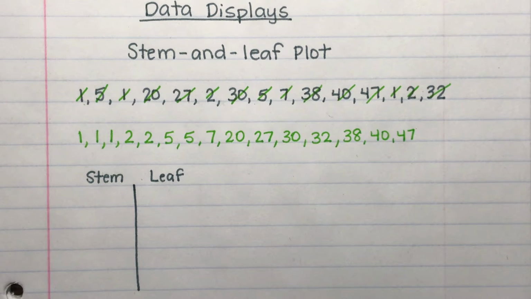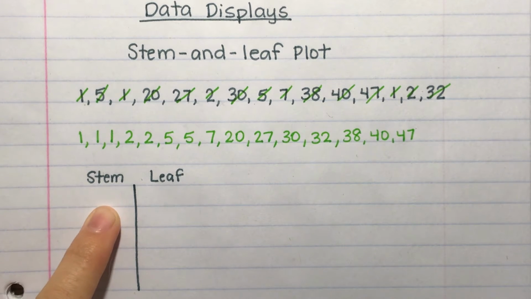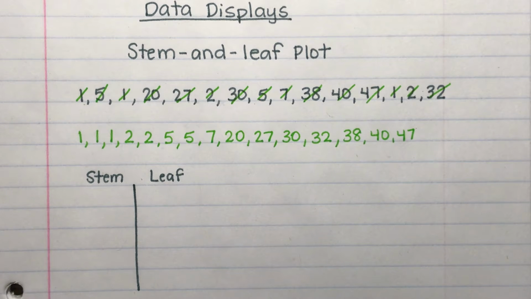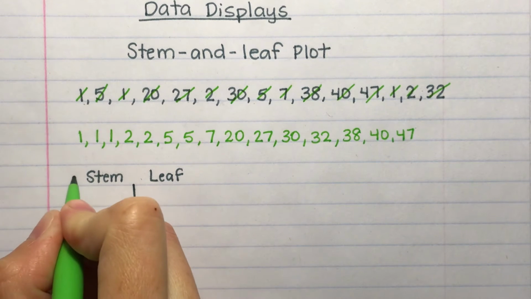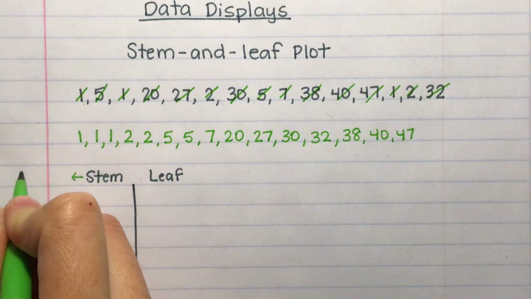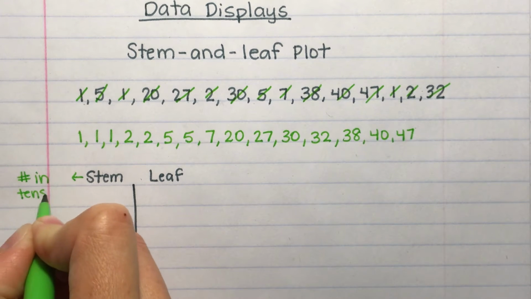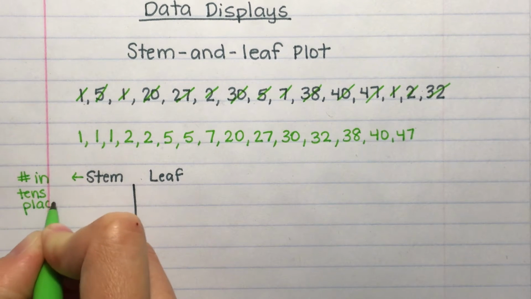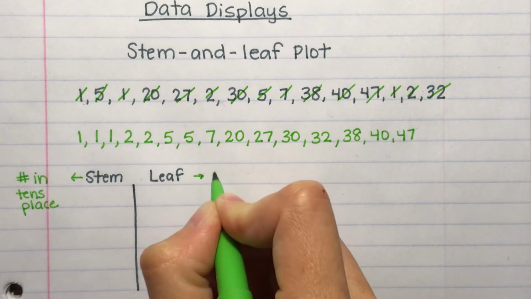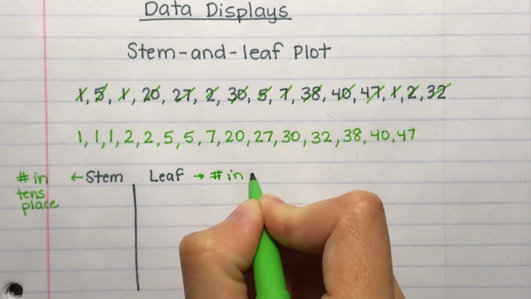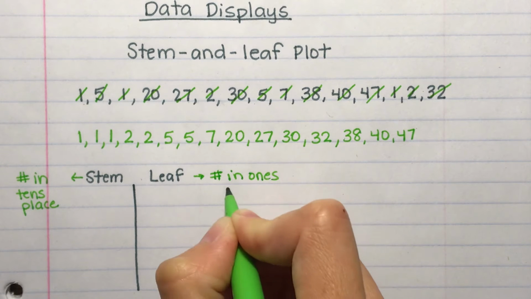All right, now my stems are going to be the numbers that are in the tens place. Okay, so I'm just going to write that. Number in tens place. And then the leaf is going to be the number in the ones place.